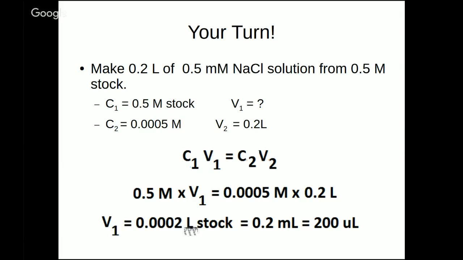So probably what's best to do here is to convert this liters number into a smaller unit, such as mils. So that's the same thing as 0.2 mils. Or you could even convert it into microliters. That's 200 microliters. And we definitely have measuring devices that can measure 200 microliters or 0.2 mils.